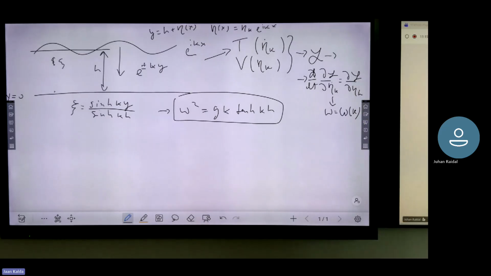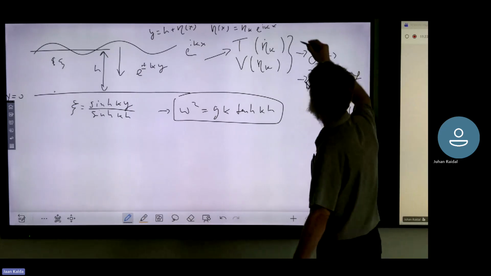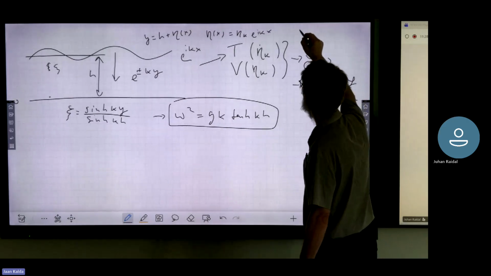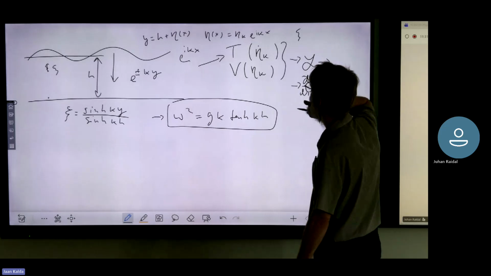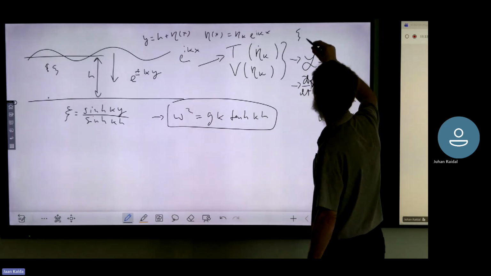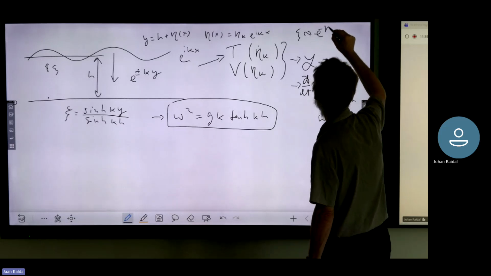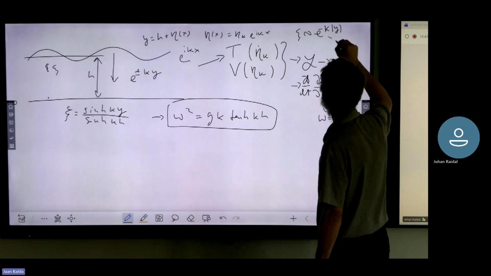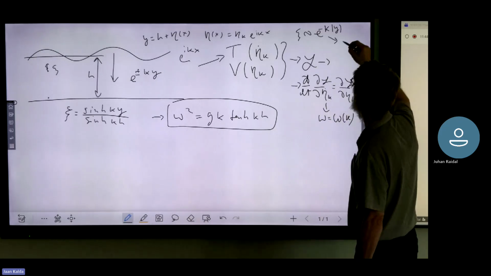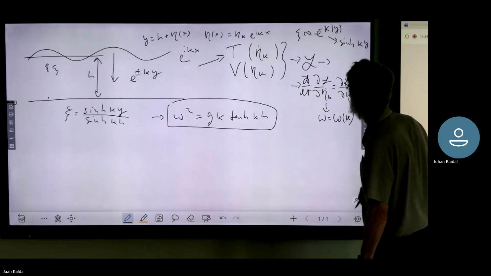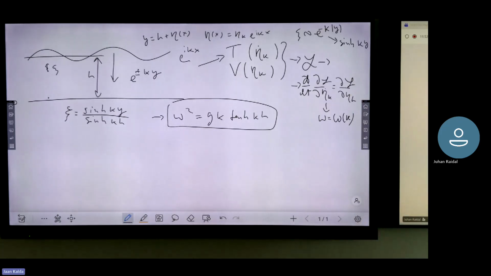These were the steps. Now what we need to do is the same steps, but where we previously took the displacement vector to be proportional to e minus k y by modulus, now this goes to hyperbolic sinus of k y, and we repeat the same steps.